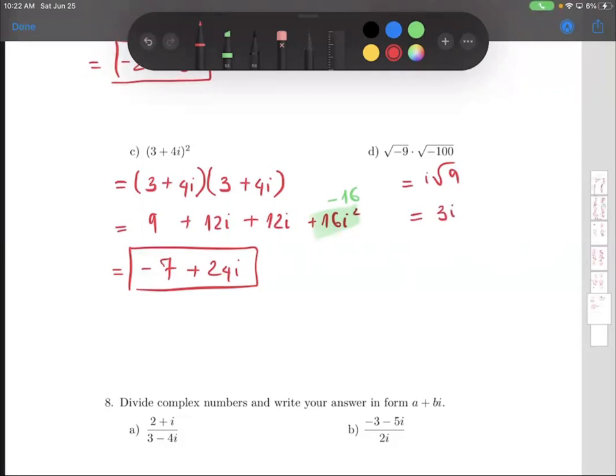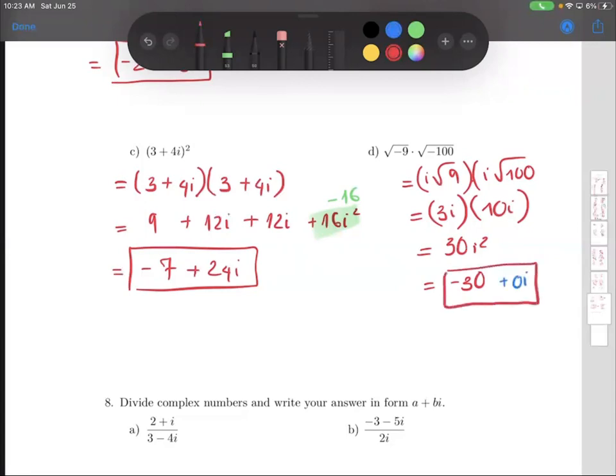What about the square root of negative 100? The other one is i times the square root of 100, which is i times 10, or 10i. We write 10i. 3i times 10i is 30i squared, which is negative 30. Or better yet, negative 30 plus 0i.